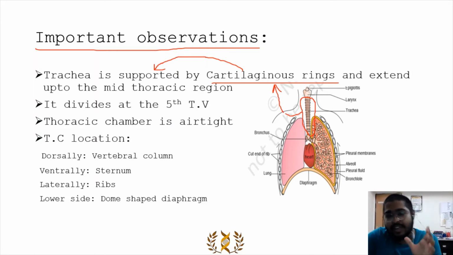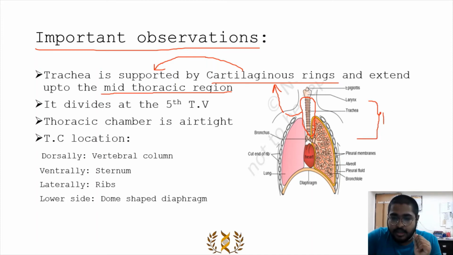And this trachea, the windpipe, extends to the mid-thoracic region. What is the mid-thoracic region? It is this region, the mid-thoracic region, where the trachea extends. And then where it divides, these are very important things. What supports the trachea? The cartilaginous rings.